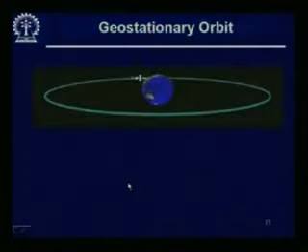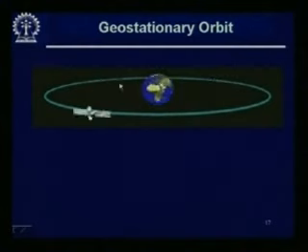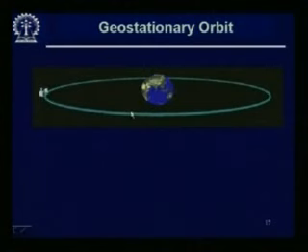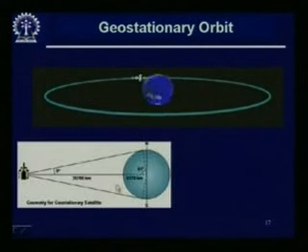So as the earth is moving, the satellite is moving along with it, and so far as some point on the earth is concerned, the satellite appears to be stationary over its head at all times.